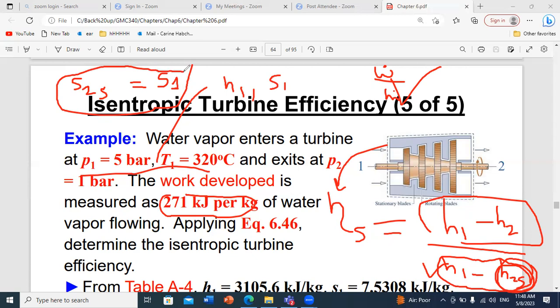And from my tables, what should I do? If I just know S2, is this sufficient for me? What do they want from you? You need to find the isentropic turbine efficiency. You need H2S. If you just know S2S, is it sufficient to find H2S? No, you need two properties.